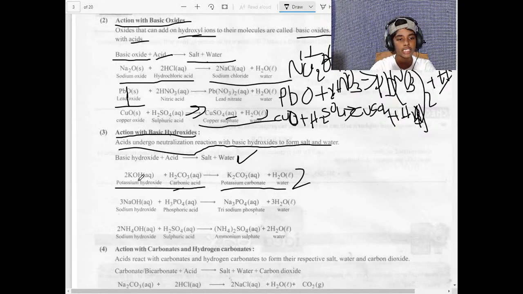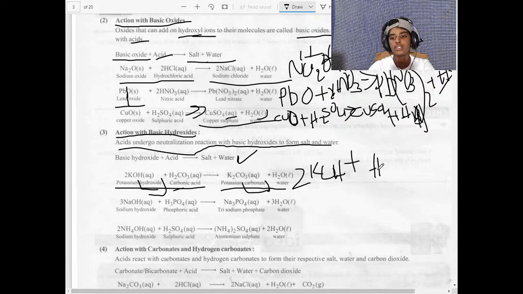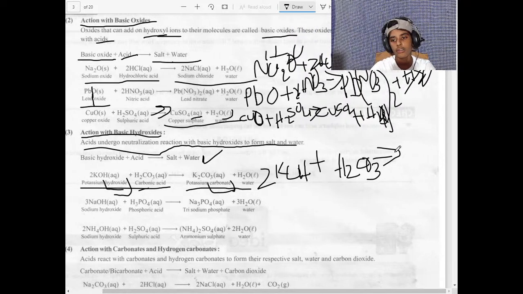It is potassium hydroxide, it is carbonate. 2KOH (aq) plus H2CO3 will give K2CO3 plus H2O.